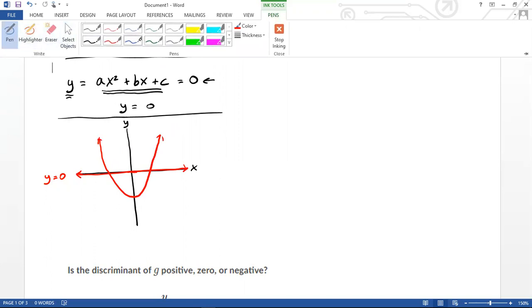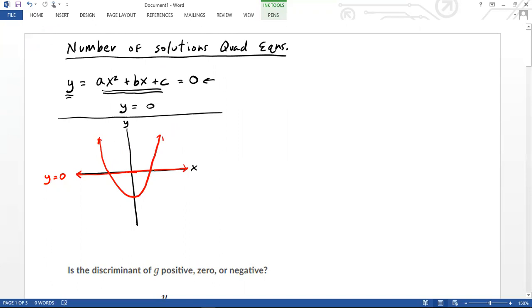So when you use the quadratic formula, you're getting these x values right here. Since we set y equal to 0, when we use the quadratic formula and get a value for x, it's going to be these points right here, exactly where it hits the x-axis. Because like I said, we're setting y equal to 0.